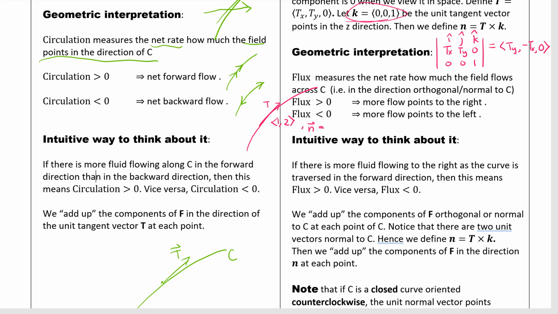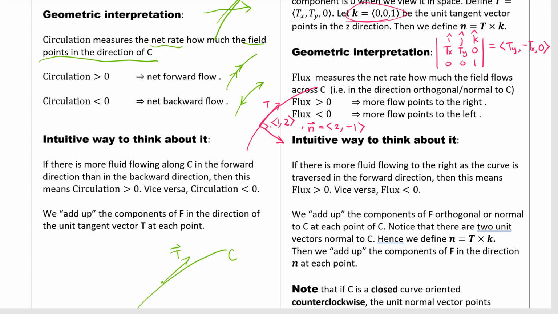Well, n is ty, so 2, and then minus tx. tx is 1. Well, 2 and minus 1, so 2 is like this, minus 1 is like that. So in this direction. So far so good, everybody? And you can see it's on the right-hand side of the curve.